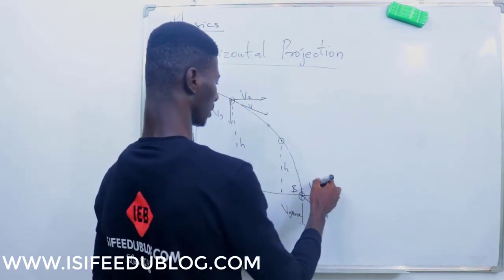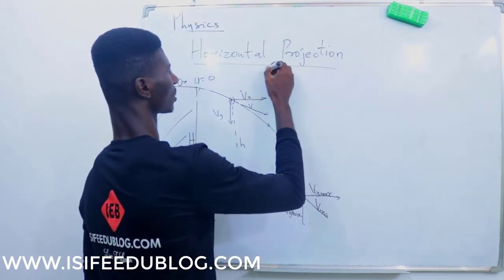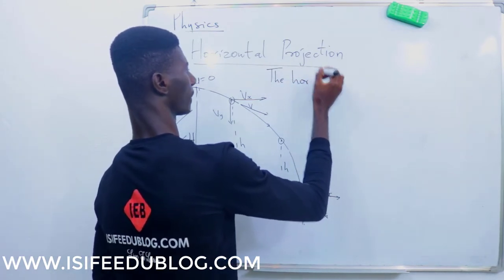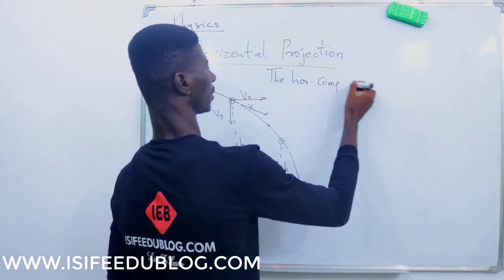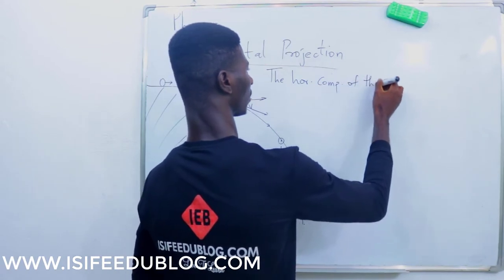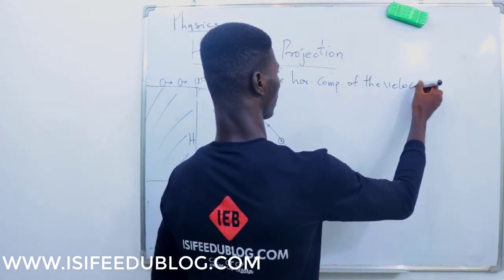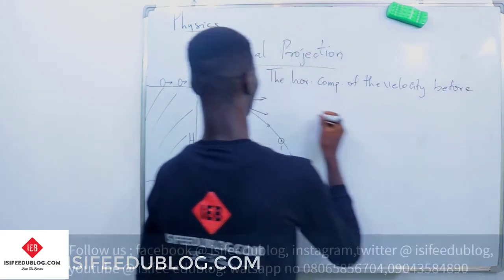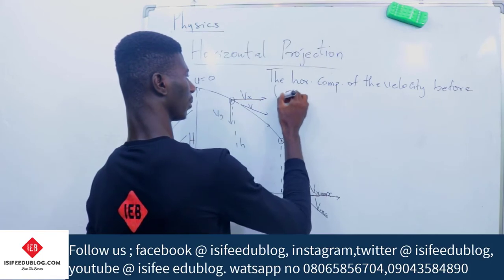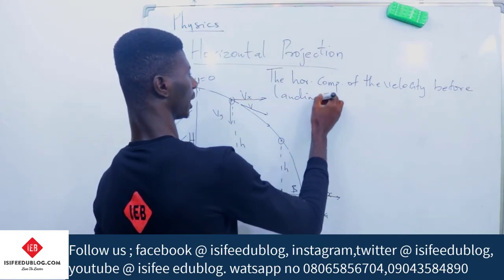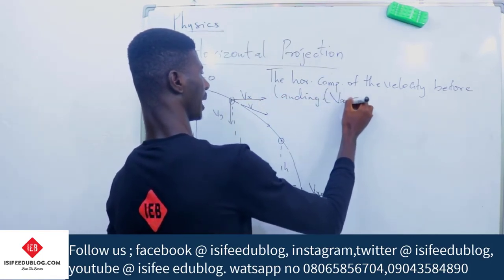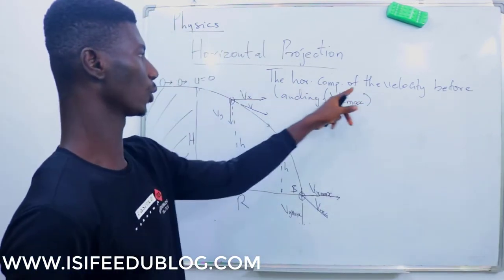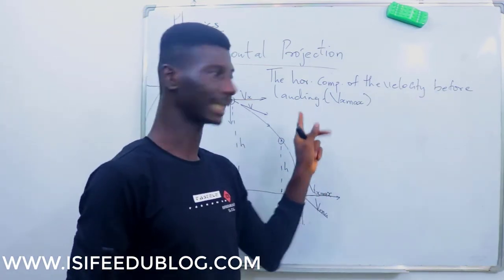Vx max, which is also constant, is the horizontal component of the velocity before hitting the ground, or you can call it before landing. That is called Vx max, the horizontal component of the velocity before landing.